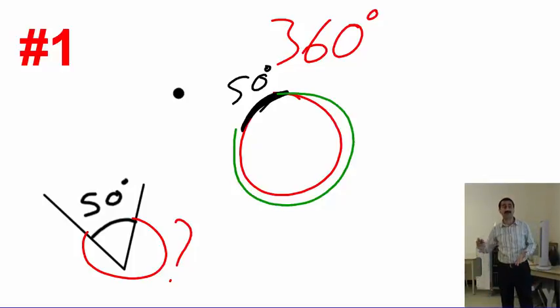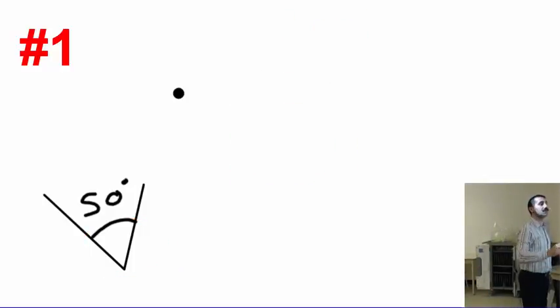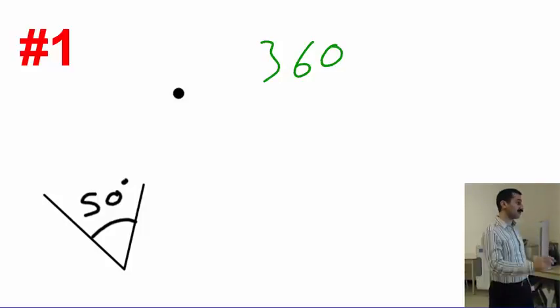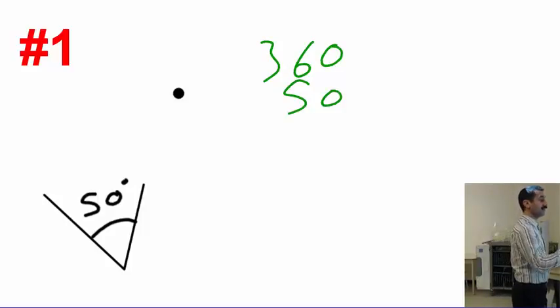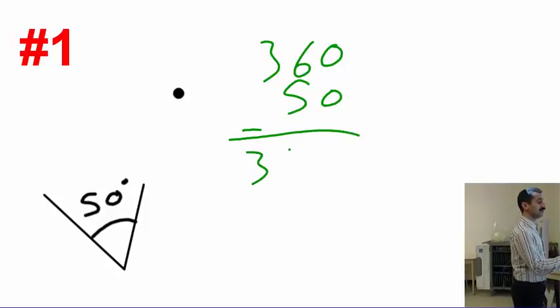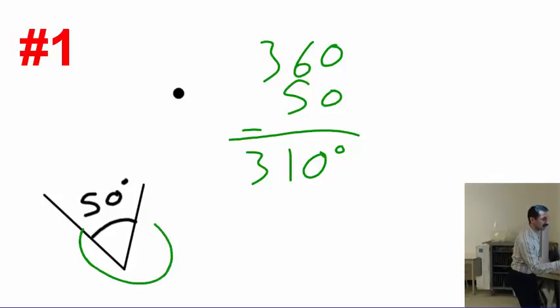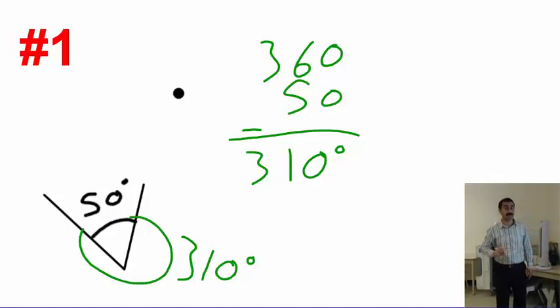All you have to do is simple subtraction. So what you do is 360, everything's supposed to be, and what you know is 50, subtract that, you will get 310. So this is 310 degree. So remember that. Rule number two.